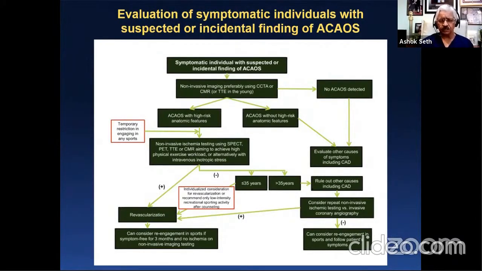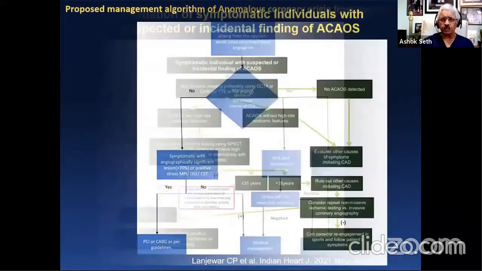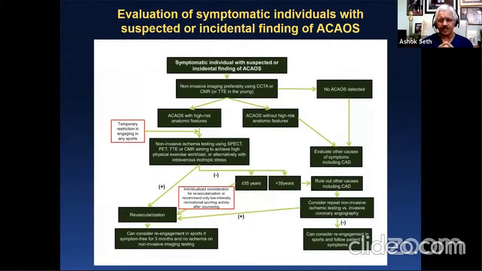While there are a lot of different consensus statements around this, what I just want to convey to you, and that's the summation of it all, is that the only one which one actually needs to make a decision on for surgical management is the left main arising from the right coronary sinus following the interarterial course between the pulmonary artery and the aorta.